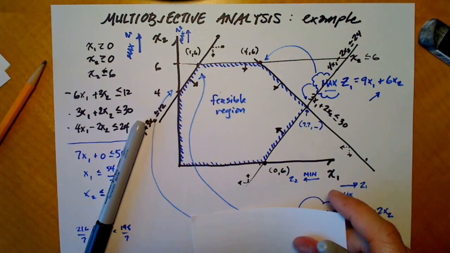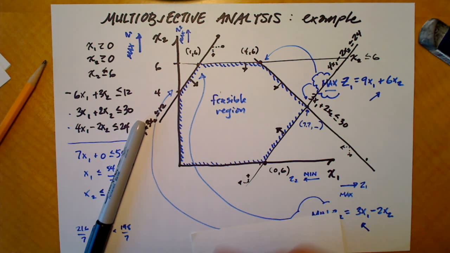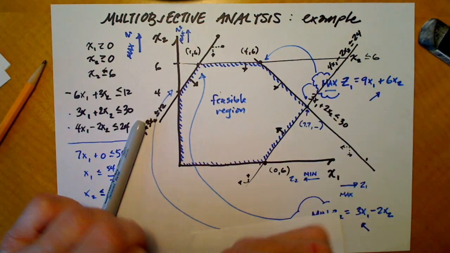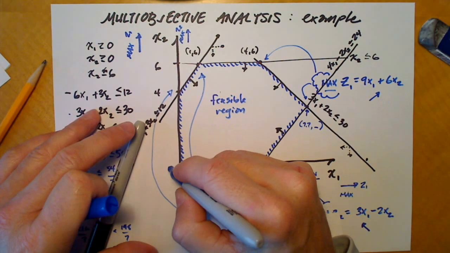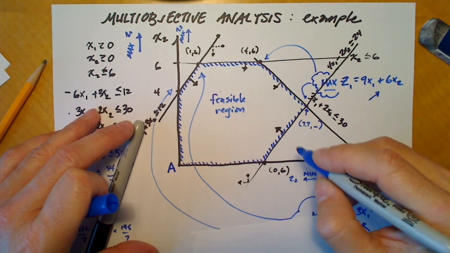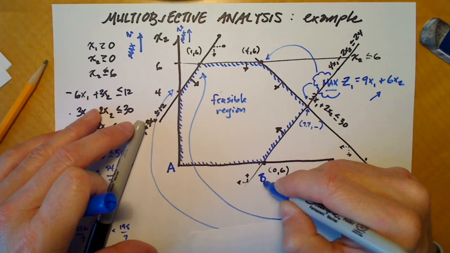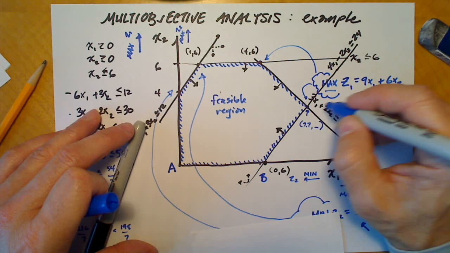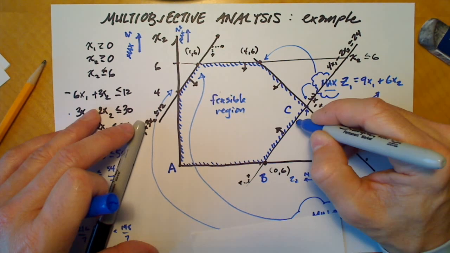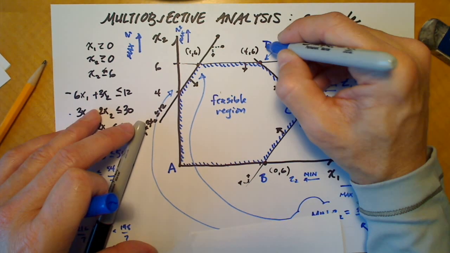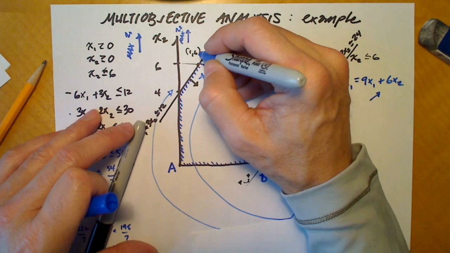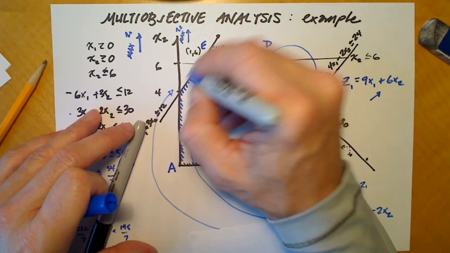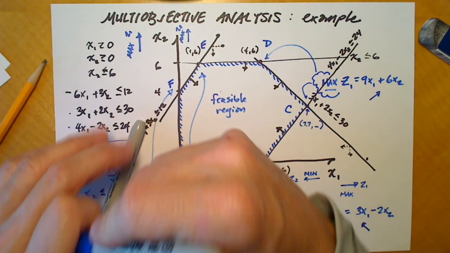We're going to label each one of these points, each one of the extreme points that goes around our feasible region. We'll call this one A, this one B, this one C, this one D, this one E, and this one F.